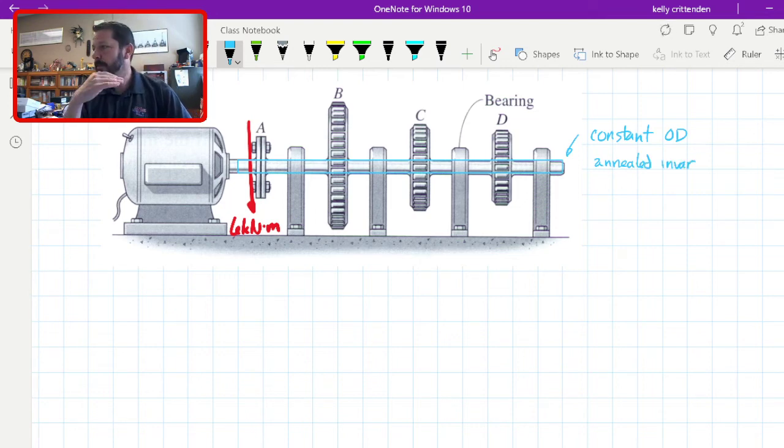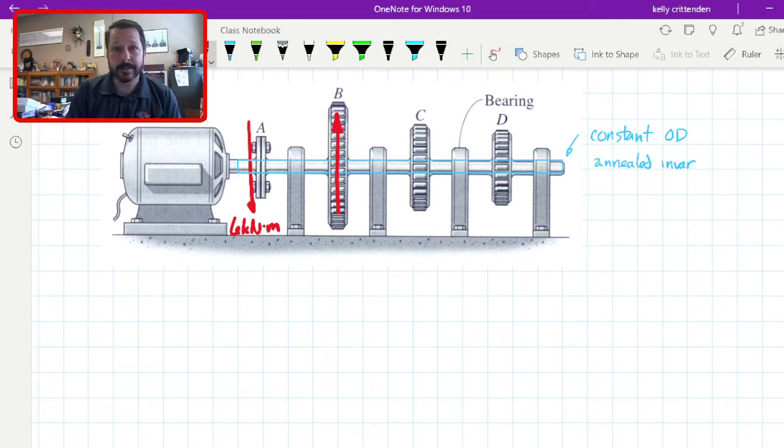Okay, so that's given. 3 machines are driven by the gears at B, C, and D. So I'm supplying 6,000 Newton meters, and then the 3 machines are geared, maybe a chain or maybe gears. It says gears. So these gears are connected to other gears that are not shown, and those gears are running these other machines.